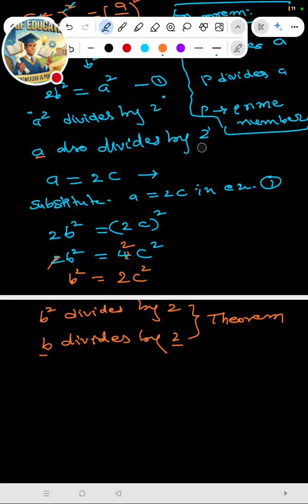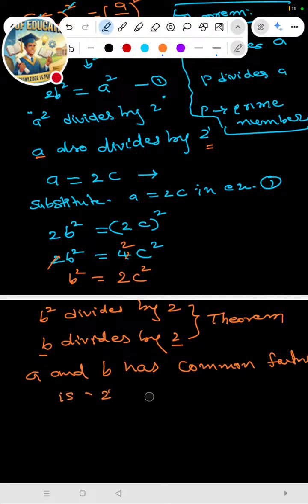So a and b have a common factor 2. This is false, it is wrong.